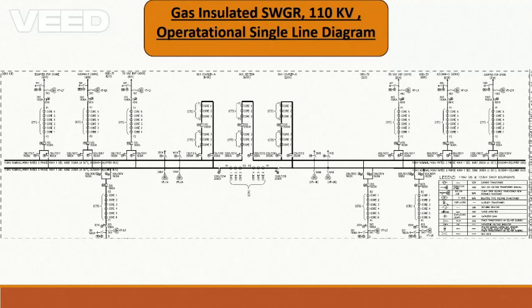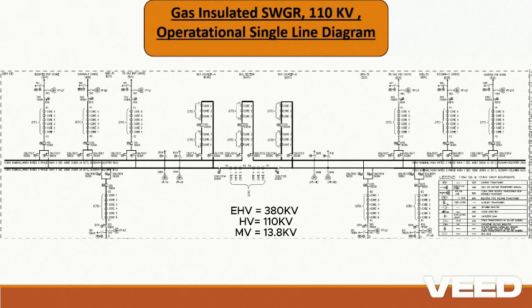Basically this substation has two voltage levels, HV and medium voltage, with transformers. The voltage is stepped down from 110 kV to 13.8 or 11 kV depending on the standards of the country where the substation is being constructed. The single line diagram is the main document to understand the substation and its configuration.